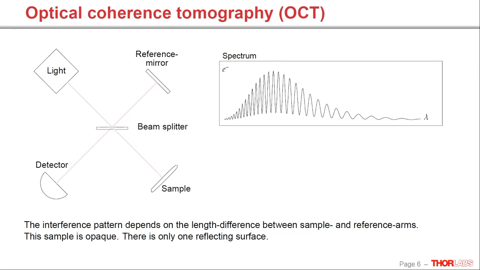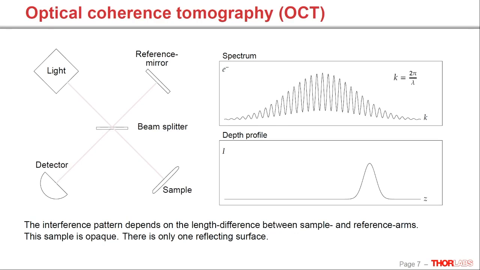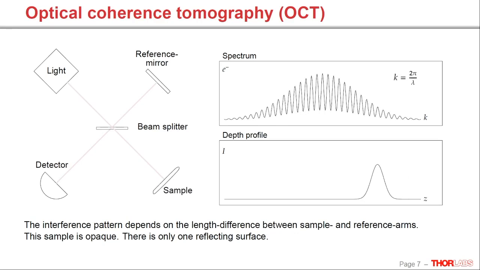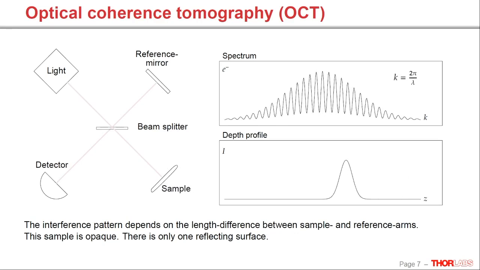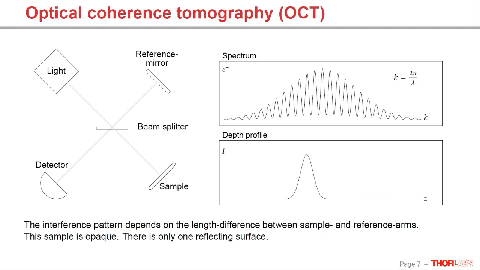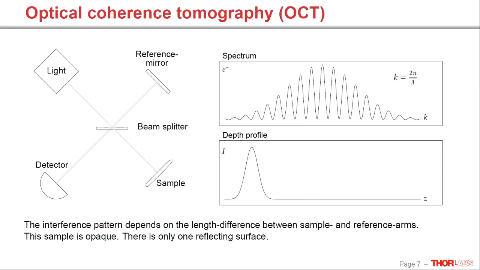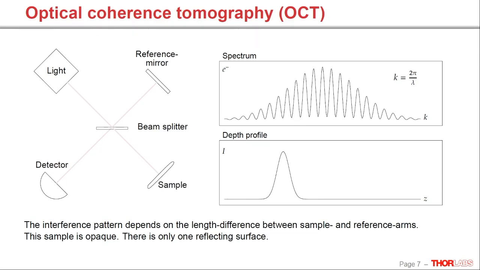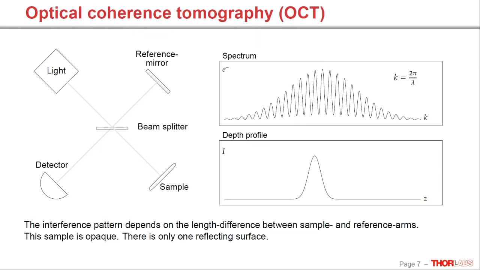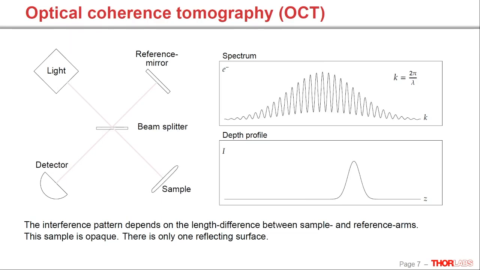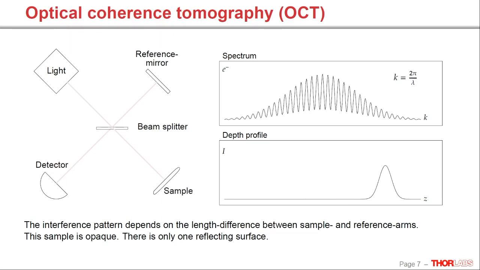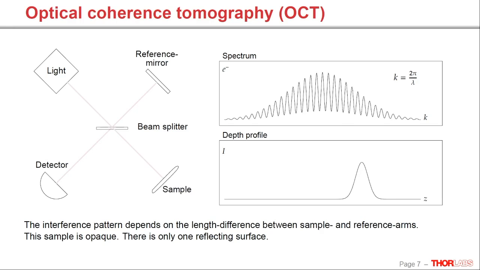We can change coordinates from wavelength to wave number, and an additional mathematical trick allows us to compute the depth profile. The peak of that depth profile is located at the position. The position is actually telling us the difference in distance between the reference mirror and the sample.